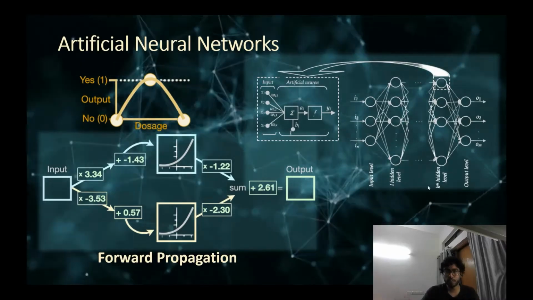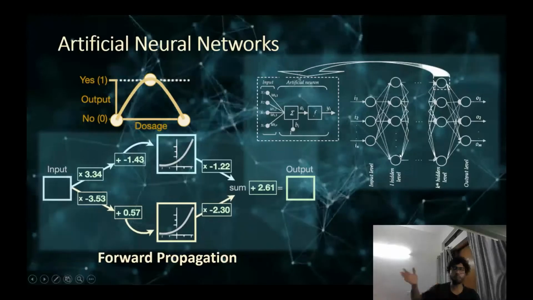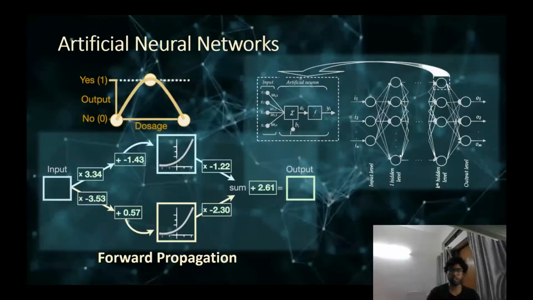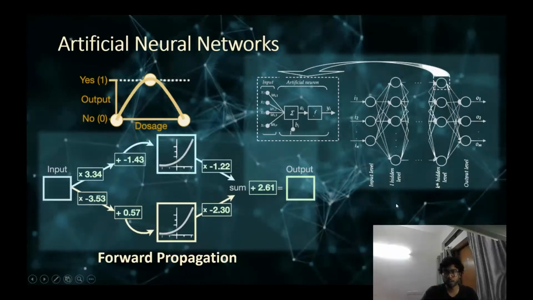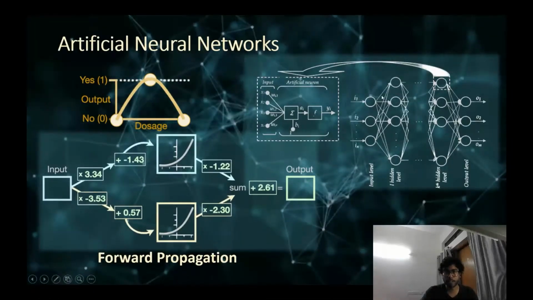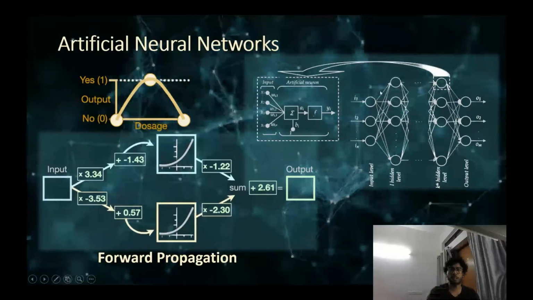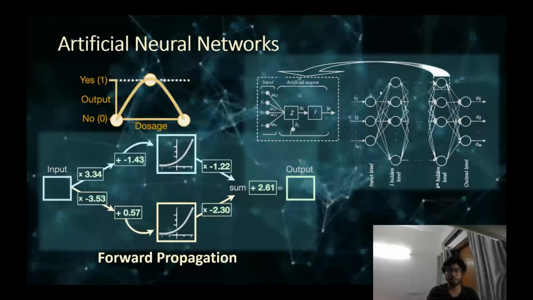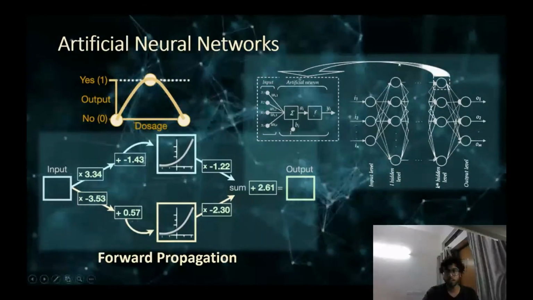So the information from one layer propagates to other layers and finally gives you the output. This is a whole neural network model. Initially you give input into the nodes, and then it goes into these small perceptrons or neurons. These are called hidden layers.